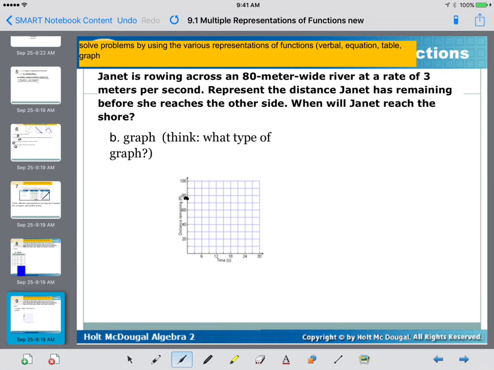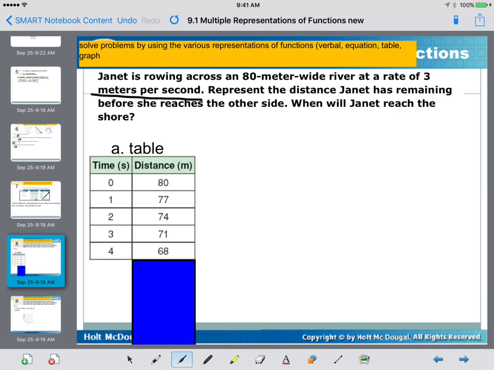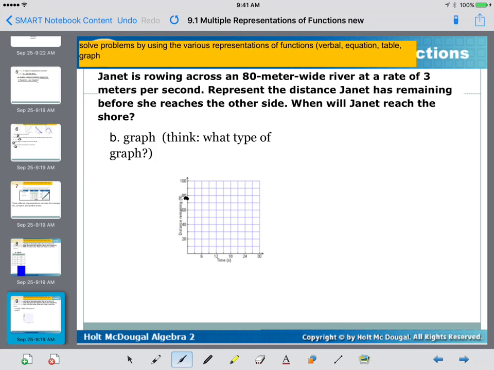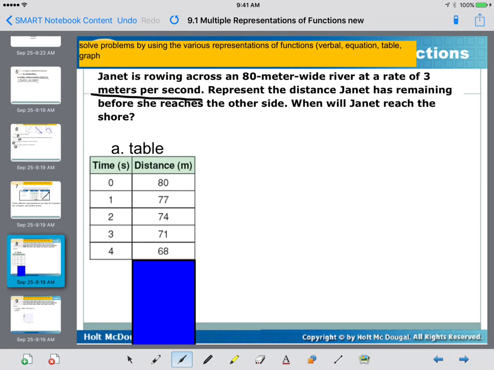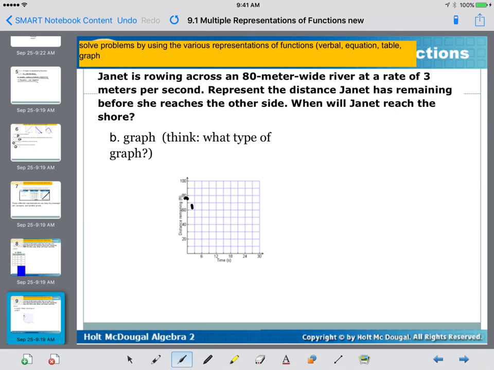We've got a couple of points here. So if we go back, we look at our table, at time 0, distance 80. At time 1, we have a distance of 77. So we can kind of estimate that. Mine's not going to be perfect here. At 2, we've got 74, and so forth.